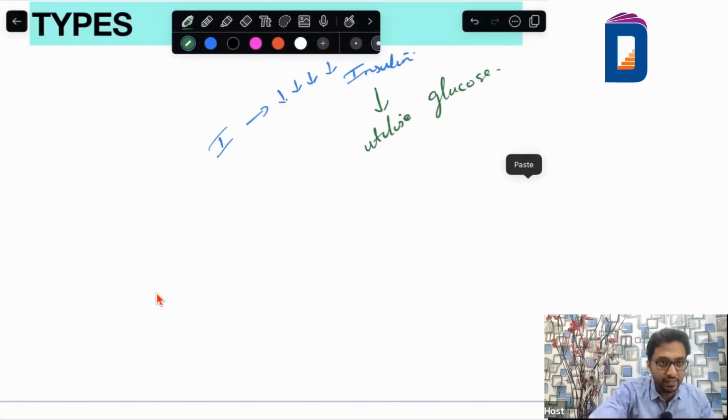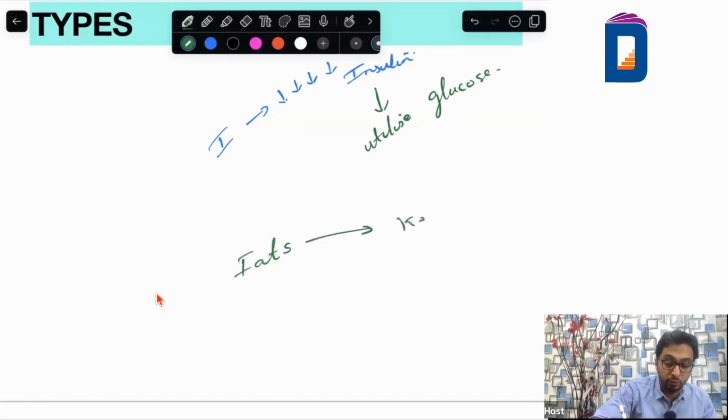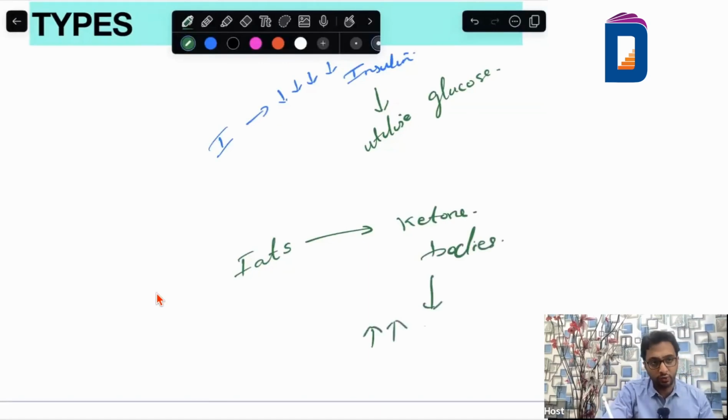It needs energy anyway, so instead of utilizing glucose, it will start utilizing fats. The byproduct of fat metabolism is ketone bodies, and these ketone bodies increase. Ketones are acidic, so we get diabetic ketoacidosis.